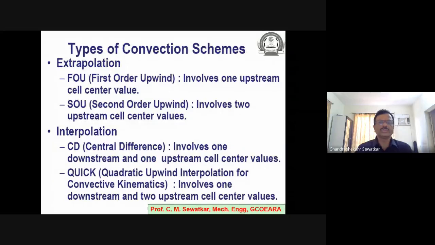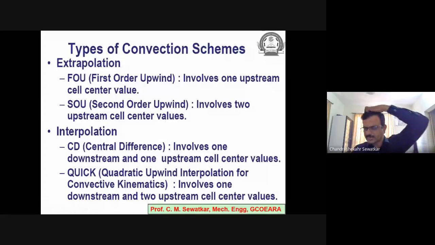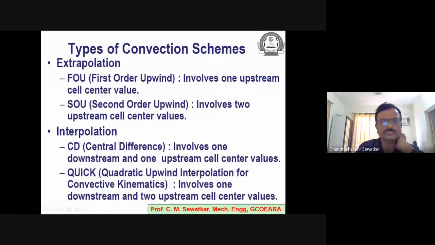Similar to this FOU, there are other extrapolation schemes also, and there are two interpolation schemes which are popularly used in all the software. The first order upwind scheme involves one upstream cell center value. Similar to that, there is a second order upwind scheme which involves two upstream cell center values.